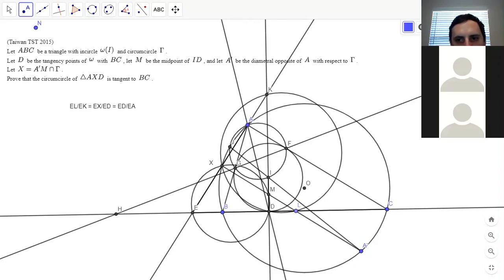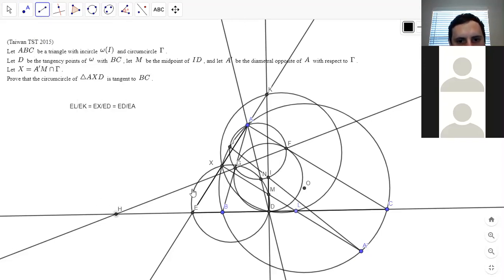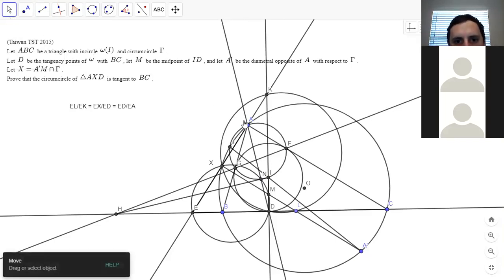I haven't proved it, but it looks true. Interesting. Also, H and I should be collinear. And that I have proved. You can prove that, because of the right angles, yes, radical axis theorem. Okay.